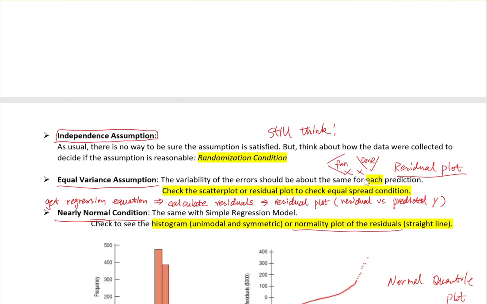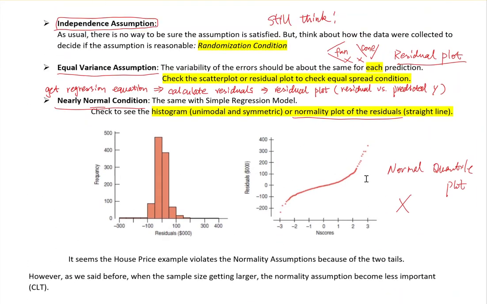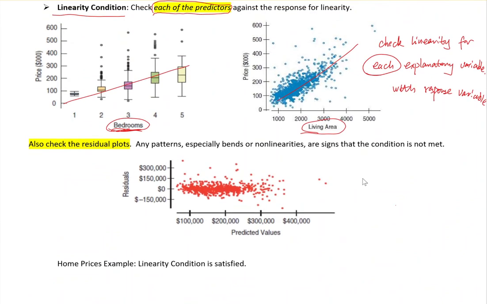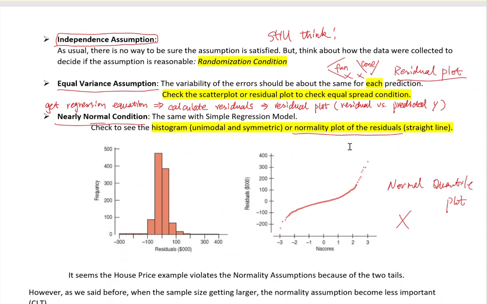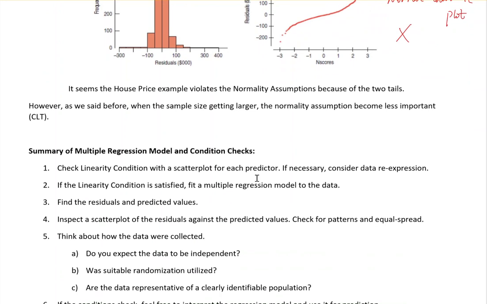Okay, so these are the assumptions. Actually, the ideas are exactly the same. The only difference is the linearity assumption: you need to check for every variable. And after that, you still get the residual plot and check the shape. You still get the normal quantile plot to check the normality condition, right? So there will be no difference.